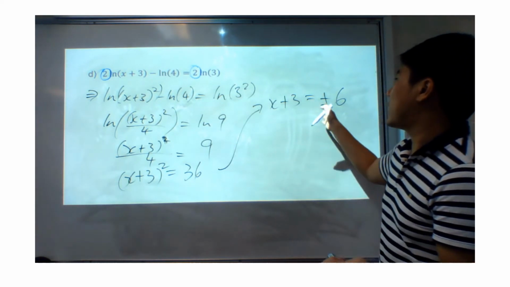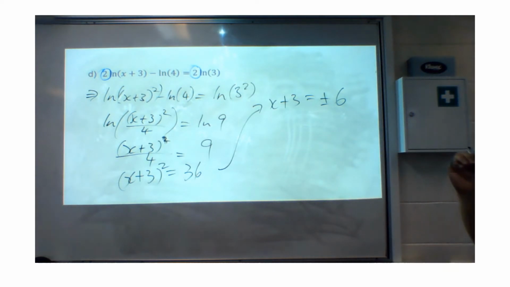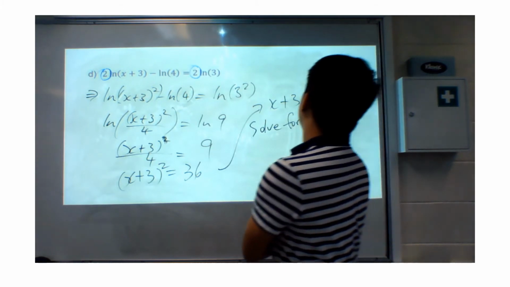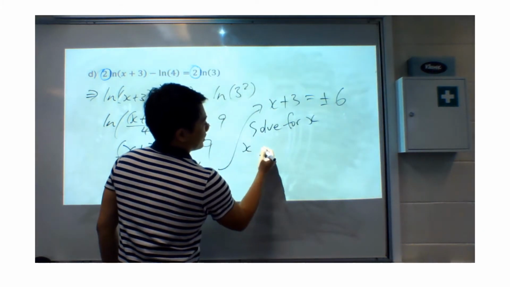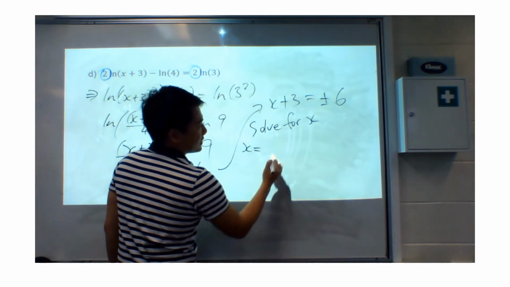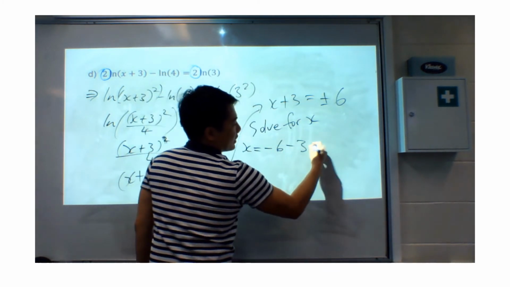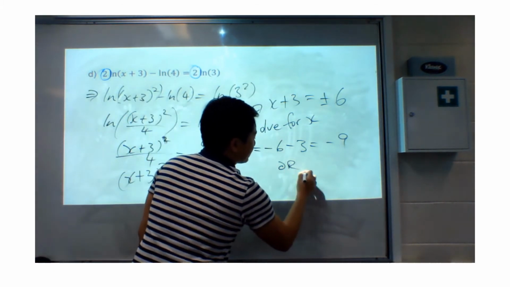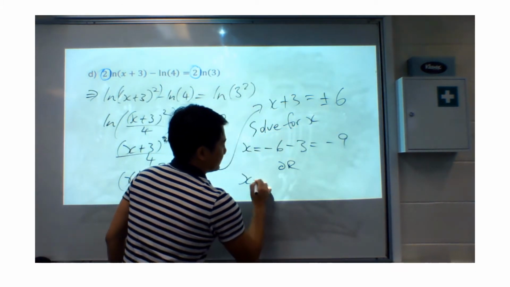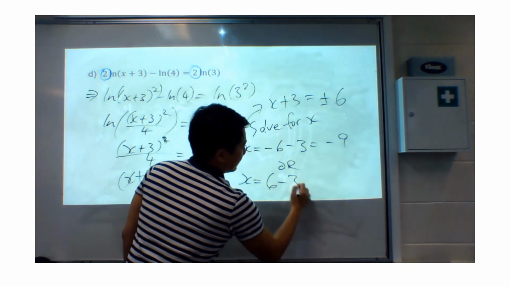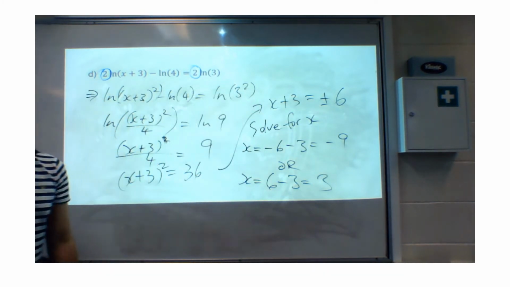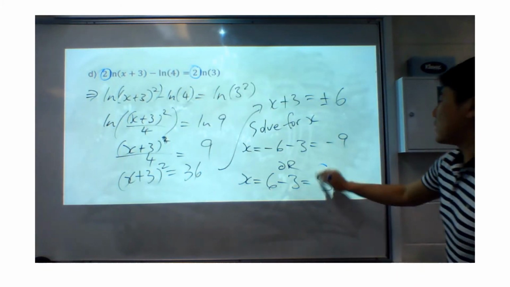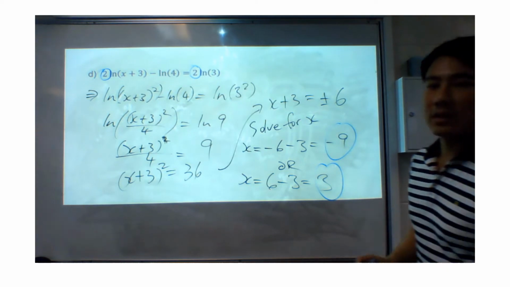So your answer should be plus or minus 6. So solve for x. If x plus 3 is negative 6, take 3, you're going to get negative 9. Or, if x plus 3 is positive 6, and then you take 3, you're going to get 3. So you should write your answer is x equals to 3 or negative 9.